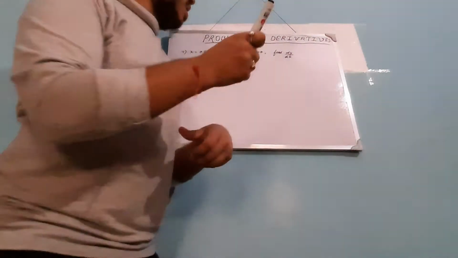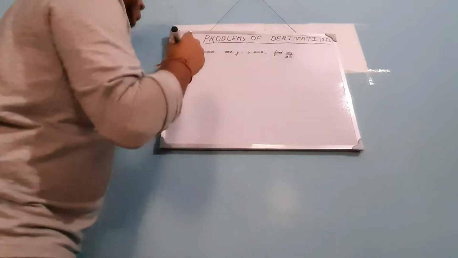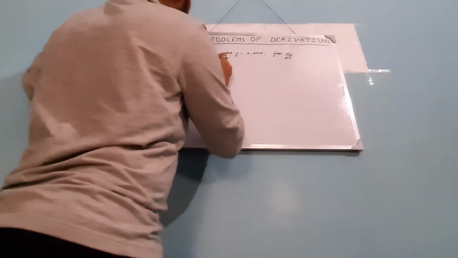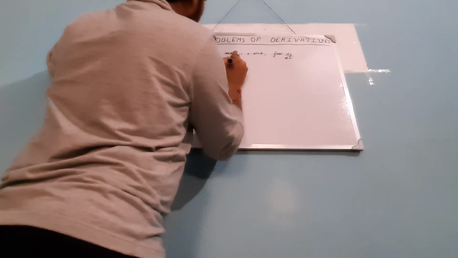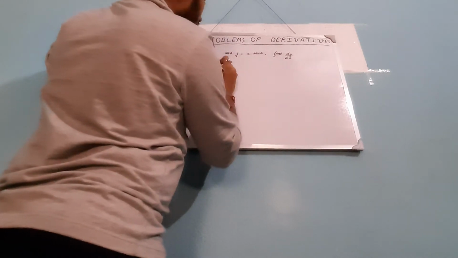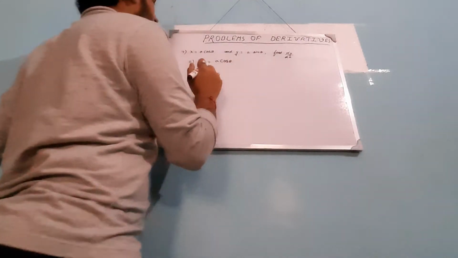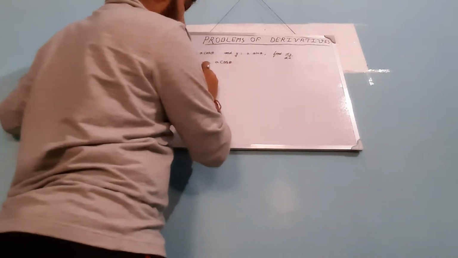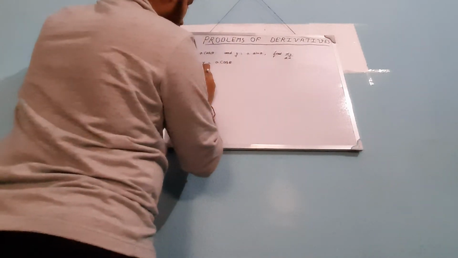So friends, this is another problem. It is x equals a cos theta. I have told you in the previous problem, differentiating both sides with respect to theta, because it is theta here. I am not writing it again because we have to do it faster.